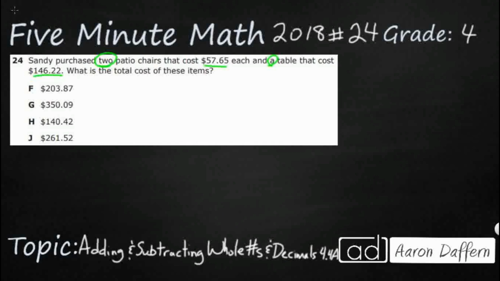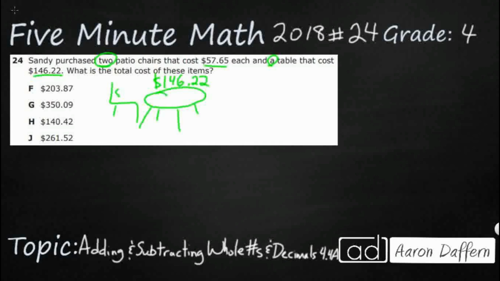Let's see if we can draw a picture here. Looks like we're going to have a table, so let me see if I can draw a table here. I can actually put the cost right above it: $146.22. And then I'm going to get some chairs, 2 of them.